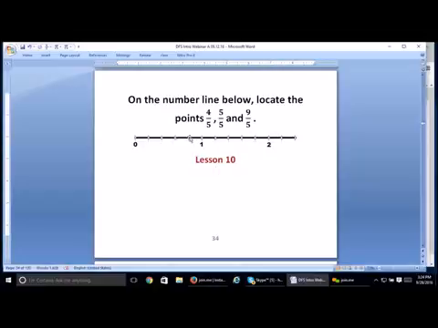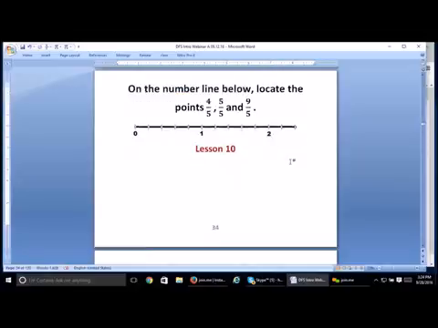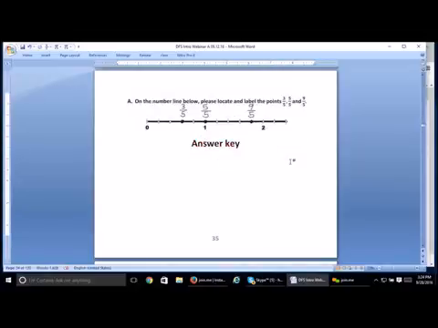So we would expect them to know that this point is 4/5, this point is 5/5, and this point is 9/5. These may seem like very simple elementary exercises, but you'd be surprised without instruction that students would have tremendous problem doing these exercises. Okay. And the red book comes with the answer keys available with it.